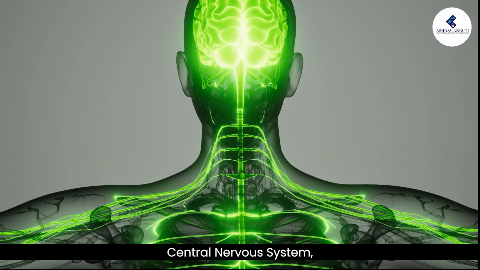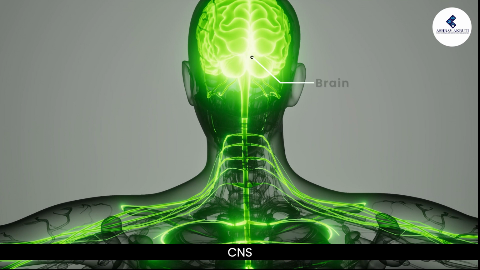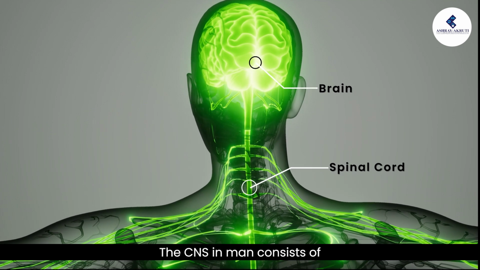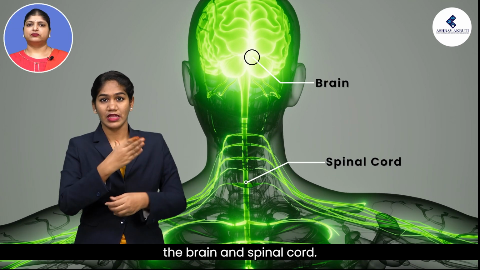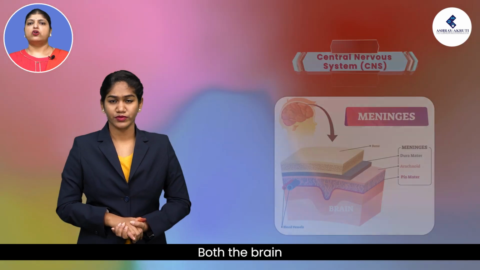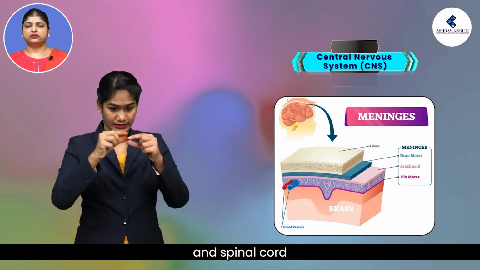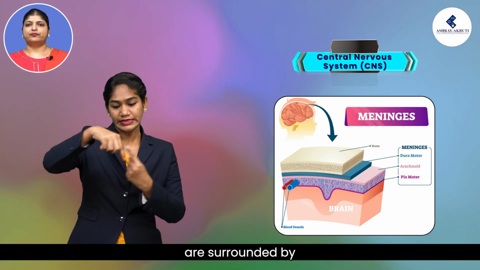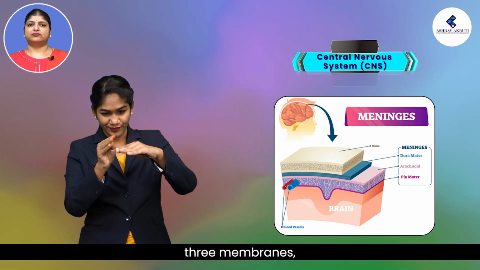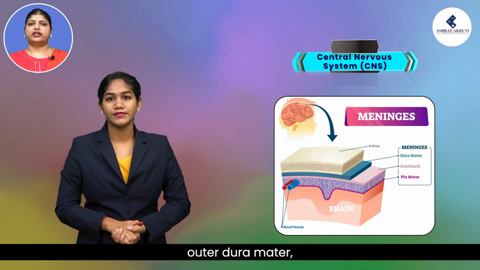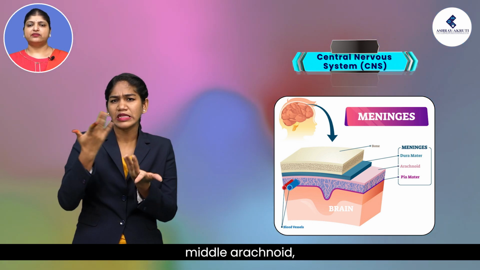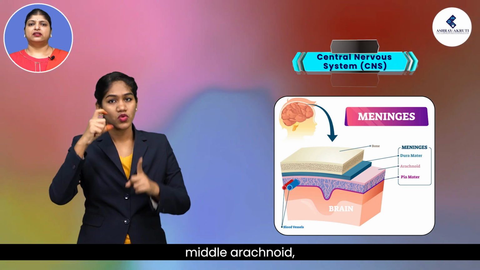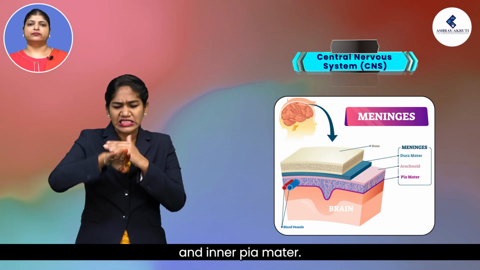Central nervous system, CNS. The CNS in man consists of the brain and spinal cord. Both the brain and spinal cord are surrounded by three membranes: outer dura mater, middle arachnoid, and inner pia mater.